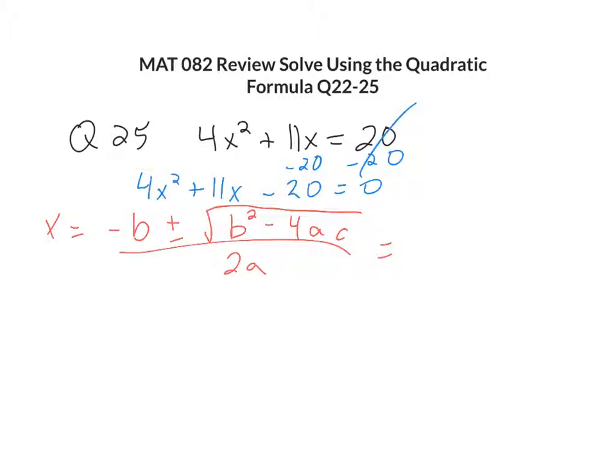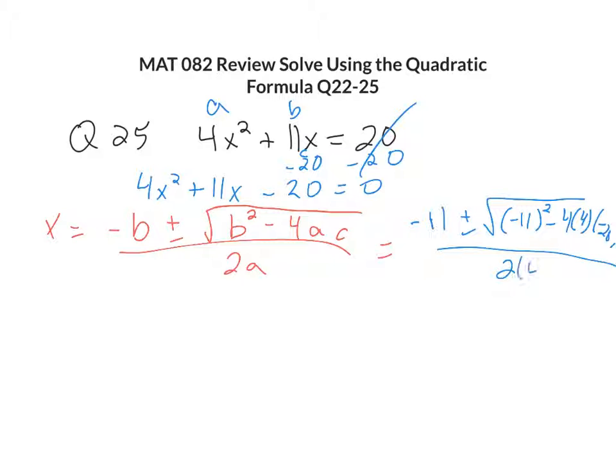Let's start plugging it in. Remember this a, b, oh, and now c is down here with negative 20. So we have negative b, so that's negative 11 plus or minus the square root of negative 11 squared minus 4 times a, which is 4, times c, which is negative 20, all over 2a.